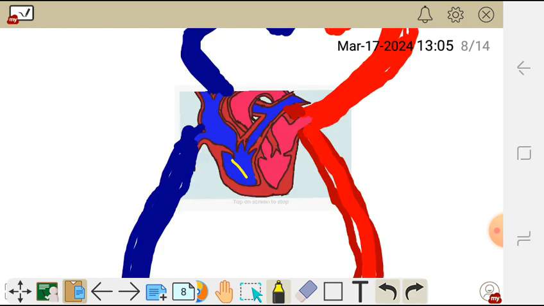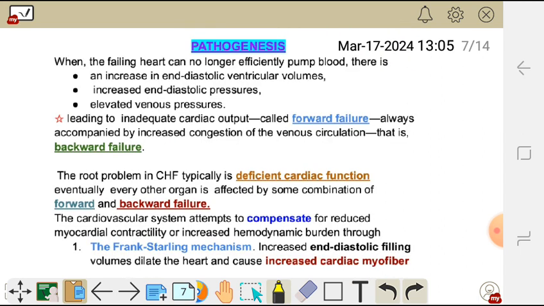Once we have increase in the venous circulation, we are also going to have increase of blood in the pulmonary circulation as well as in the venous circulation of the lower extremities. Also, the pressure is going to increase there.